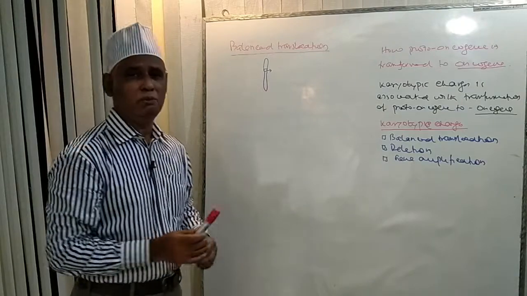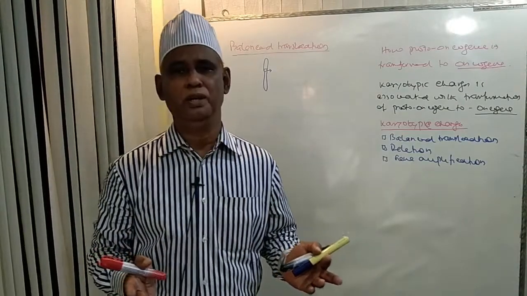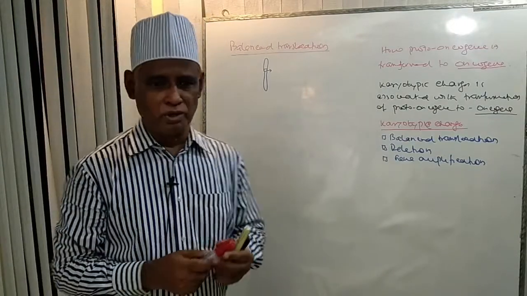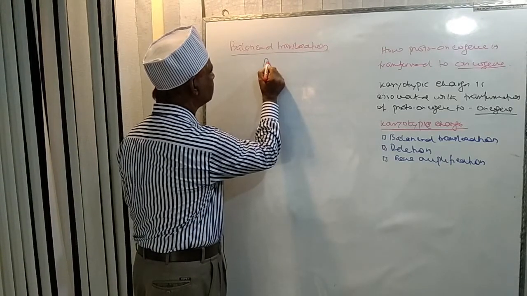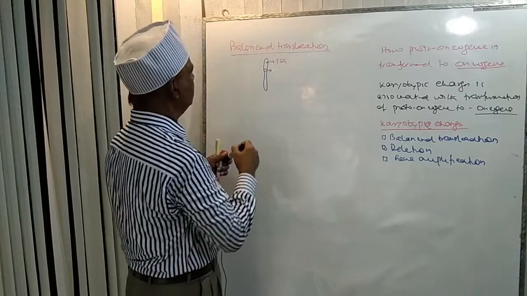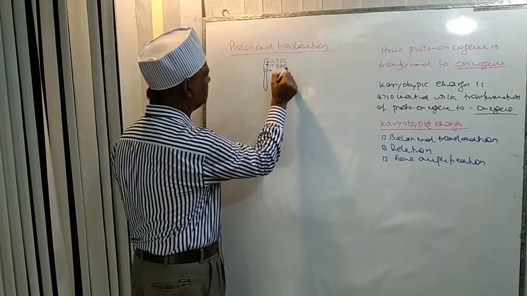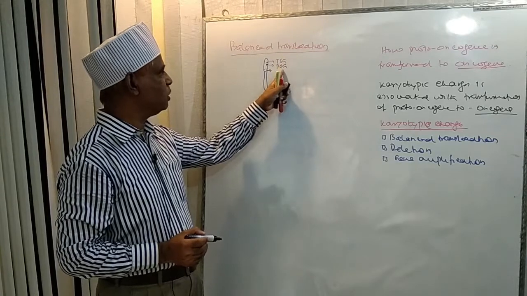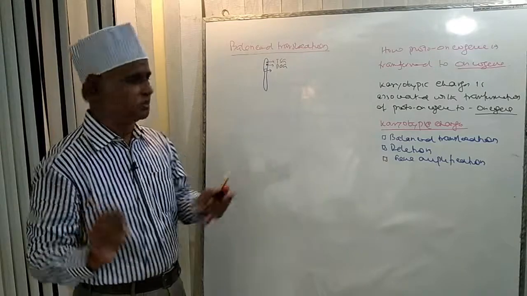I have told you about the proto-oncogene associated with normal cell division and differentiation, and the tumor suppressor gene that controls the proto-oncogene. Suppose this is the tumor suppressor gene, and this is the proto-oncogene.